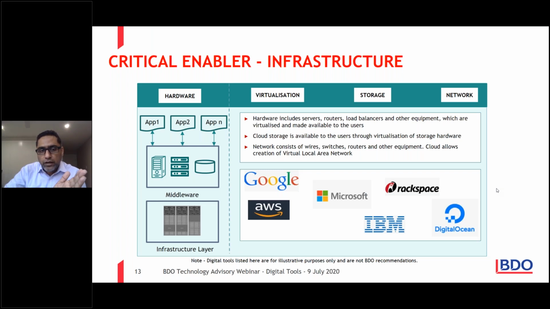So if you want more details on each one of them, we'll share the link to our previous webcast or webinar also. So have a look at those areas. But from a capability point of view, again, the big players in there are DigitalOcean, Rackspace. They are the newer ones, but Google, AWS, Microsoft, and IBM have been playing a big role in that space for a very long time.